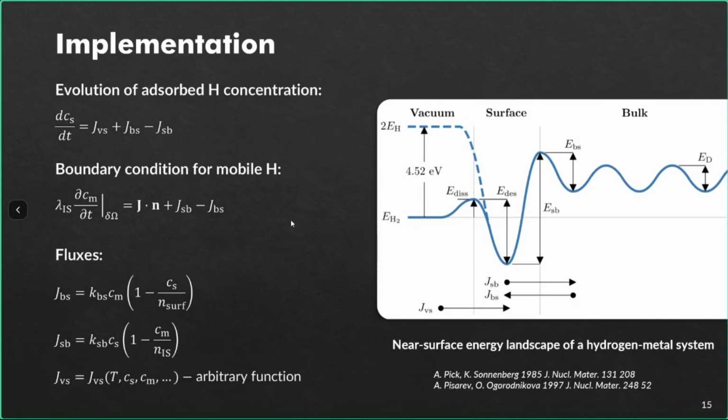The evolution of the surface concentration in the current implementation is mainly driven by the flux balance at the surface, meaning that the current implementation is limited to one-dimensional hydrogen transport simulations, since it's a coupling of a 0D surface model and a 1D hydrogen transport model.